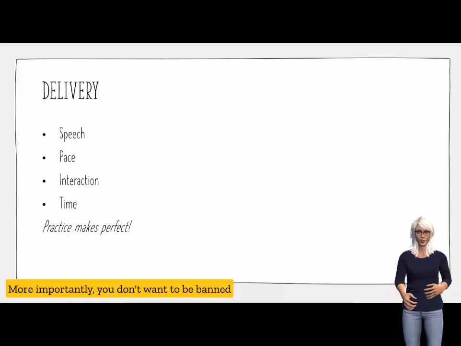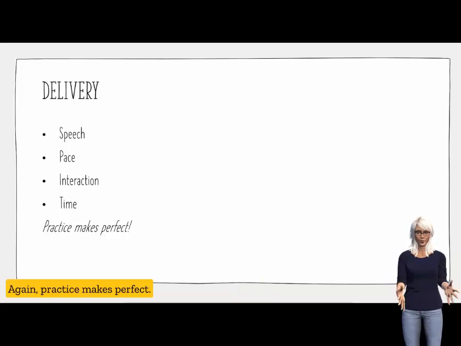More importantly, you don't want to be banned from other presenters because you present over time, because that's not really professional. Again, practice makes perfect. So set a timer each time you practice. Do some rehearsals.